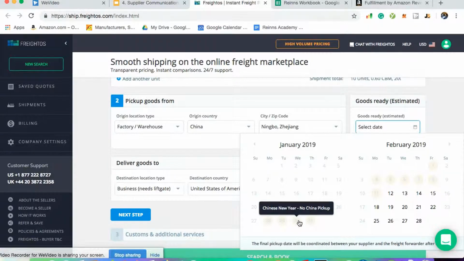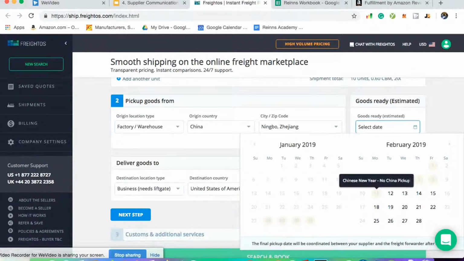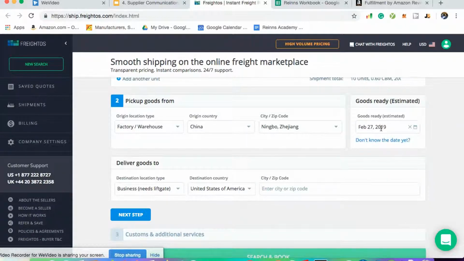Like crazy. So this time around, it's only about a 2-week holiday, ending on the 11th. So forget about all this. Let's start here: 1, 2, 3, 4, 5, 6, 7, 8, 9, 10, 11. Let's just say by here it's around 2 weeks, so I'll place 27.